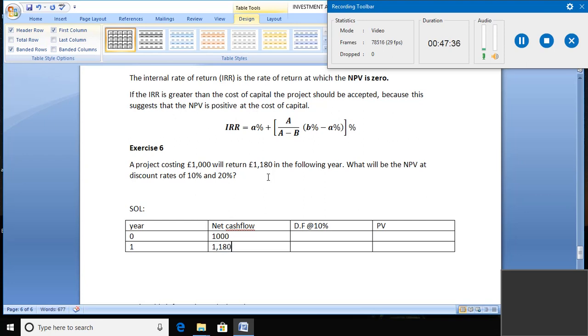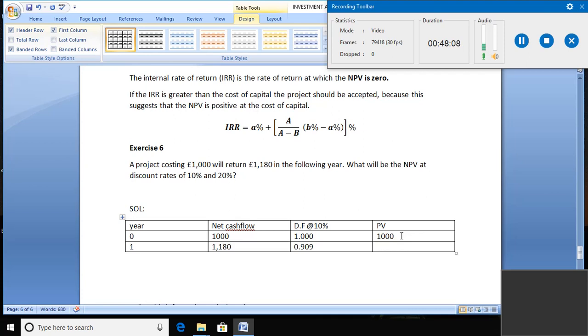1,180 pounds. The DF at 10% for year 0 is going to be 1.00, and the DF at 10% for year 1 is going to be 0.909. What are the PVs? So that is going to be 1,000, and this one is going to be 1,073.